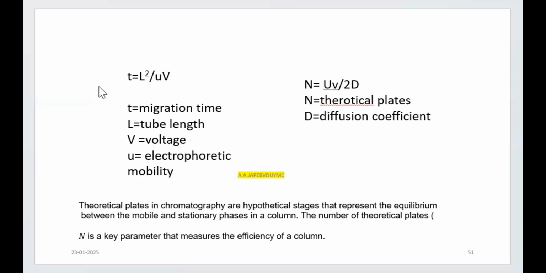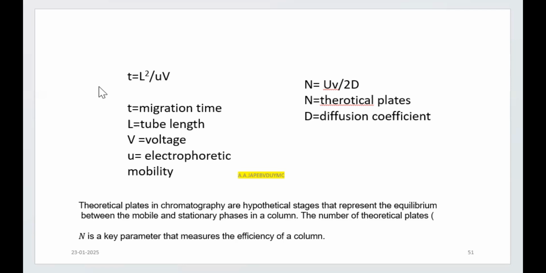Now, this is one equation, and the second equation, which talks about the efficiency of the process, how good a separation is going to be achieved, is very much like that in chromatography we had talked about, right? The theoretical plates concept, that is the total length of the chromatographic column, or in this case that of the capillary tube, and the separation of the analyte between the zones, that is the mobile zone and the stationary zone.